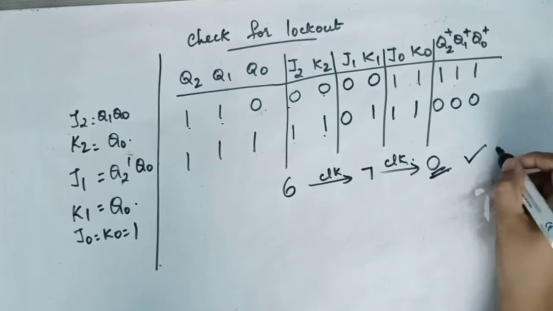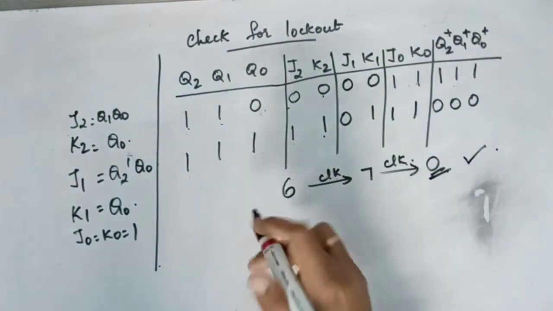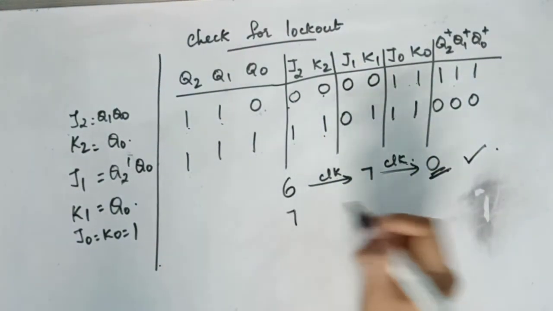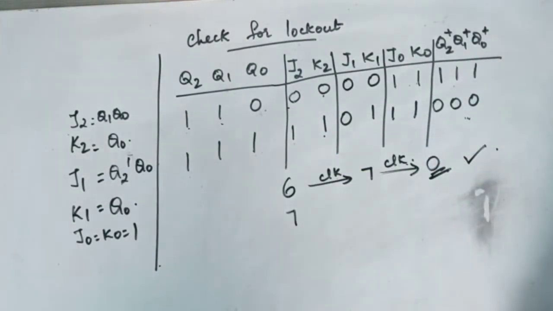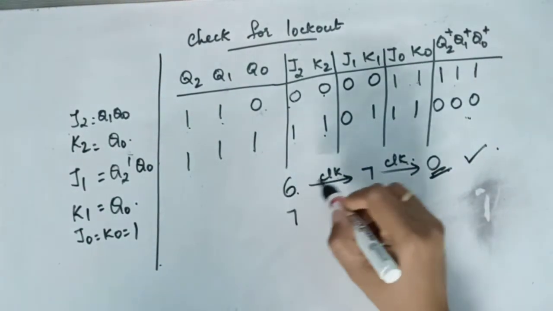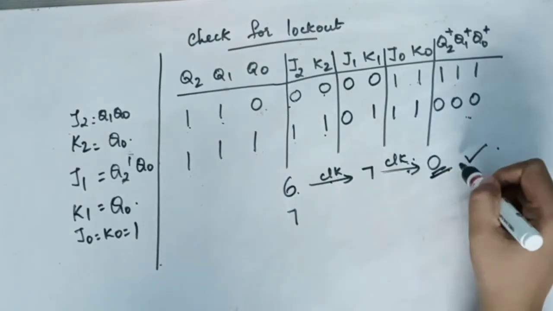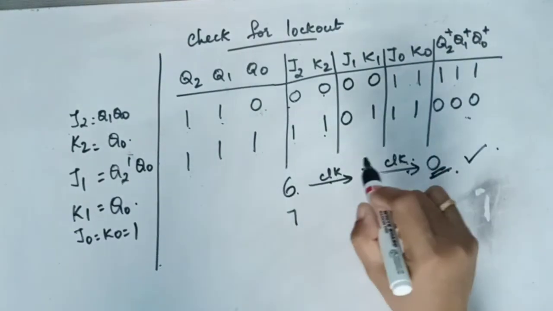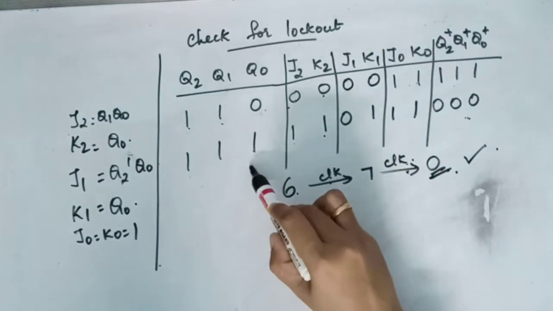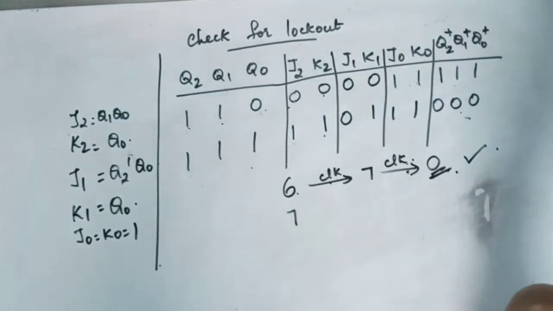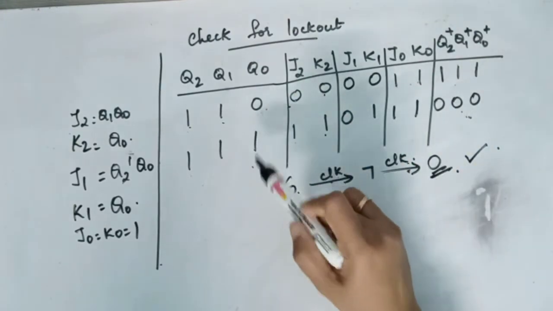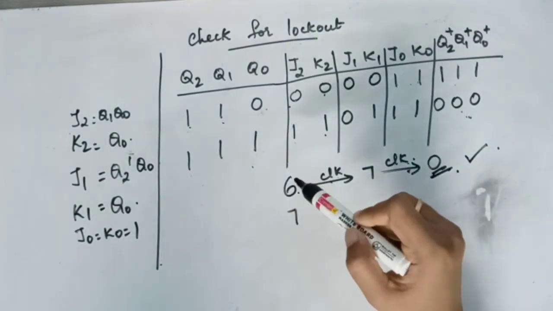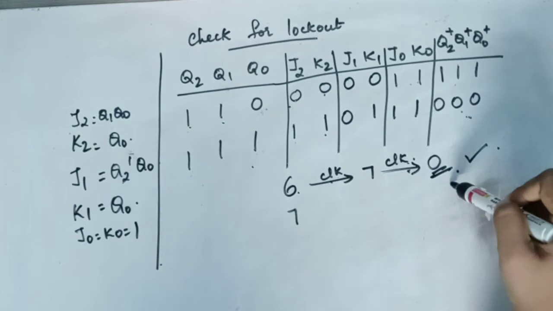So this is okay. Or if 6 is not coming, only 7 is coming, so within 1 clock pulse itself, it returns to the original state. If 6 is coming, 2 clock pulses you will take to return to the original sequence. If 7 comes in, it goes to the original sequence within 1 clock pulse. So even if an invalid state comes in, it will return to the original sequence.